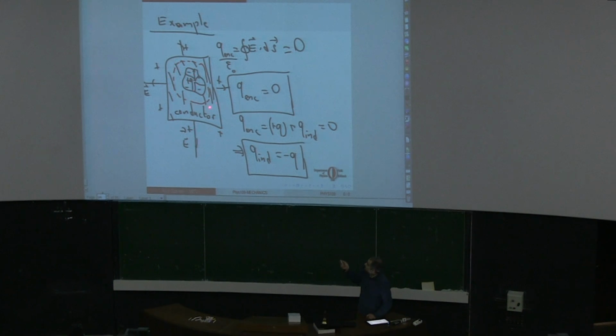There is no electric field line inside the conductor. The electric field lines start at this positive charge, terminate at the negative charges on the inner surface, and then they start at the positive charges on the outer surface and go to infinity.